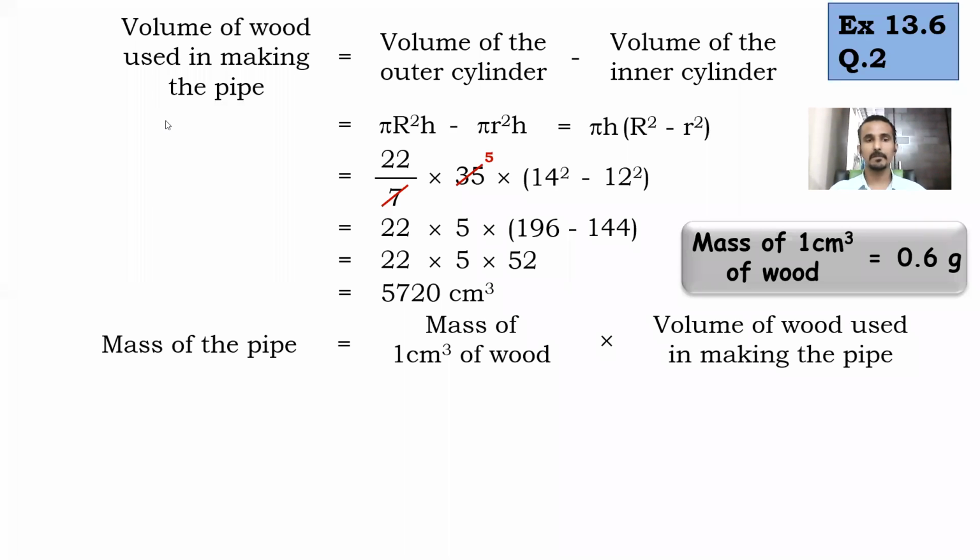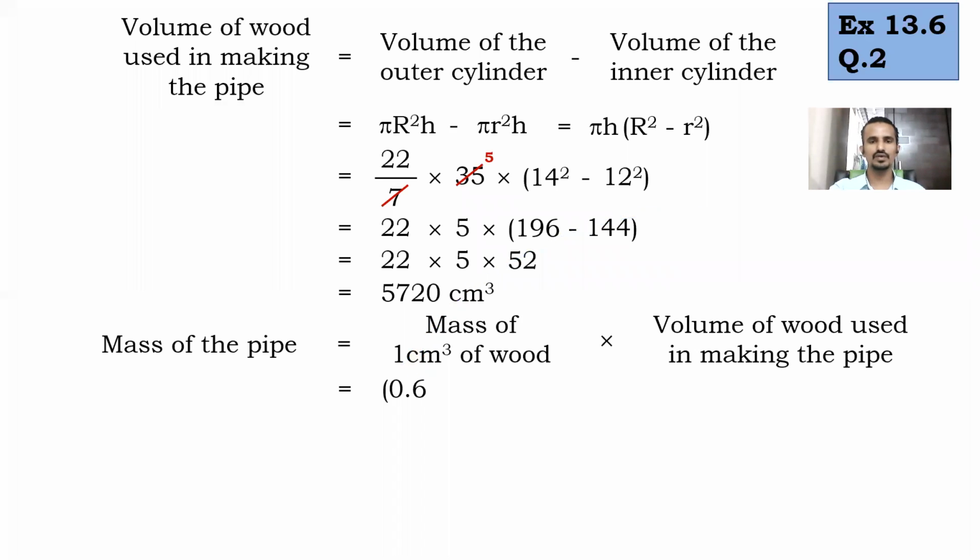But we have to calculate the mass of the entire pipe. We know the mass of 1 centimeter cube of wood is 0.6 gram. The mass of the pipe is equal to the mass of 1 centimeter cube of wood multiplied by the volume used in making the pipe. So it is 0.6 multiplied by 5720, and the answer will be in gram.